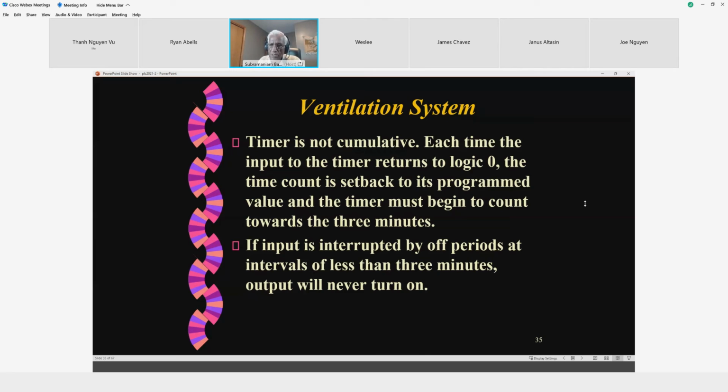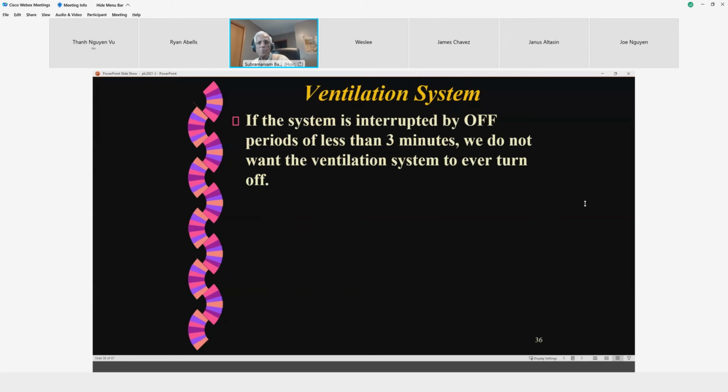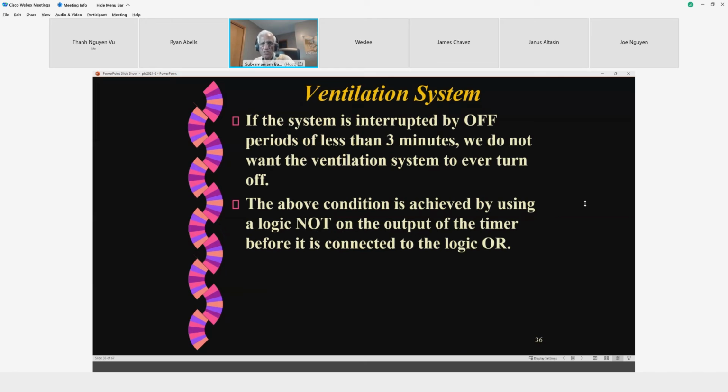If input is interrupted by off periods at interval of less than 3 minutes, means if I collapse the input, timer can play its role. It will simply go down, right? Based on our assumption. So we got to do something to bring that assumption into the logic diagram.